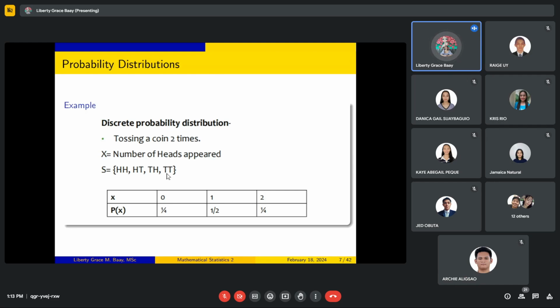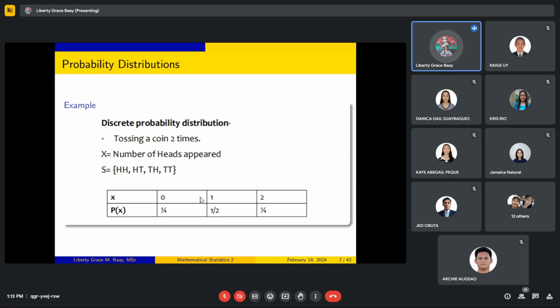Kay since duha raman ato ang outcome, di ba, in tossing a coin twice. So, when our x is equal to 0, which means that walay heads nga ni-appear. So, pila man diri class ang walay heads nga ni-appear. Kini nay heads, di ba? Nay heads. Kini nay heads. And the last one, walay heads kay both man sila kay tails. So, we can say that the probability of x is equal to 1/4.